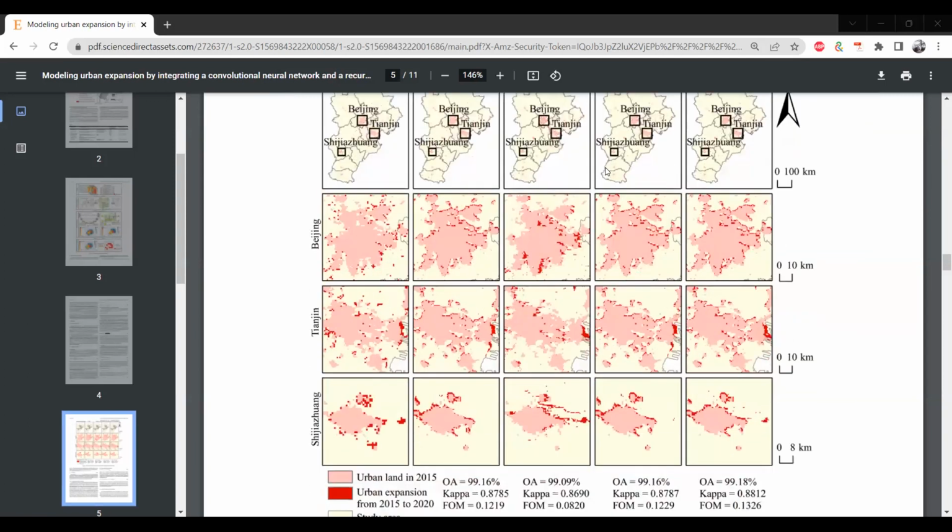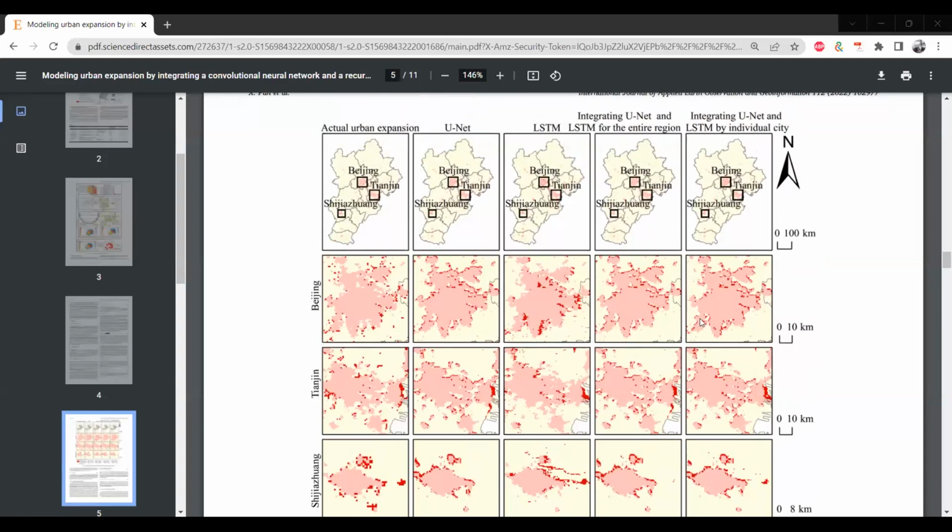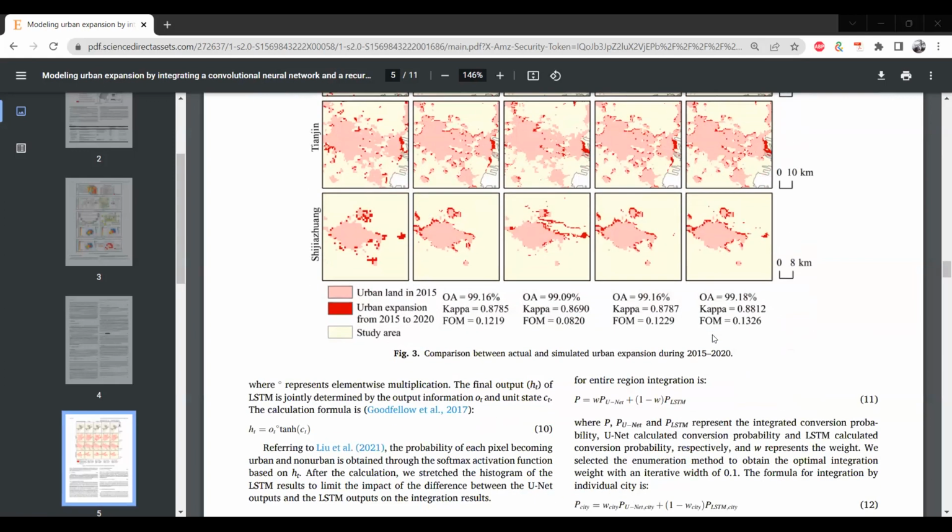As a result, the last model was chosen as the best model to validate, and it was compared with the actual urban expansion. This one has the best accuracy of all. Here we have the parameters that were used for validation.